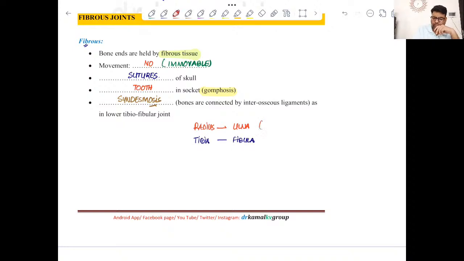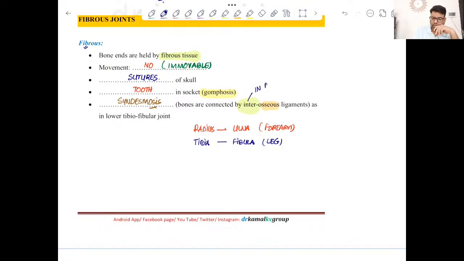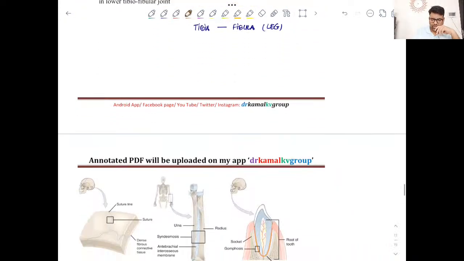So this is in the forearm, and this is in the leg. So there is a membrane between the two bones in an anatomical area, and they are held with each other by the interosseous ligament. So inter means between, osseous, of course, I think most of you must be able to answer, bone, right? So this is interosseous ligament.